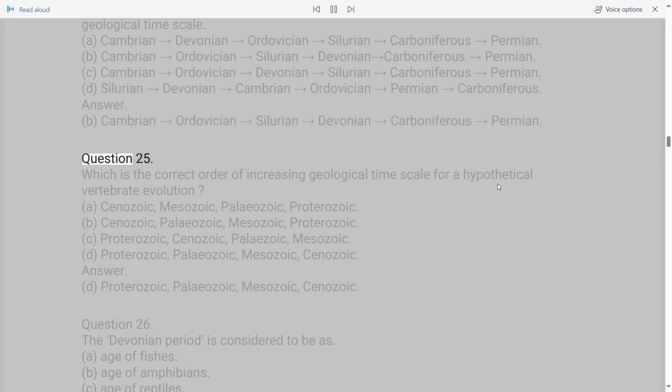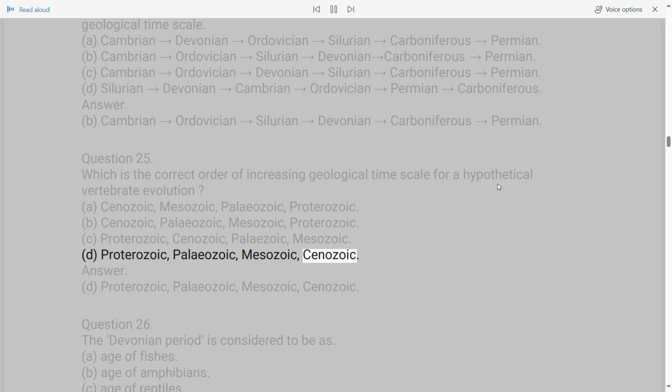Question 25. Which is the correct order of increasing geological time scale for a hypothetical vertebrate evolution? A. Cenozoic, Mesozoic, Paleozoic, Proterozoic. B. Cenozoic, Paleozoic, Mesozoic, Proterozoic. C. Proterozoic, Cenozoic, Paleozoic, Mesozoic. D. Proterozoic, Paleozoic, Mesozoic, Cenozoic.